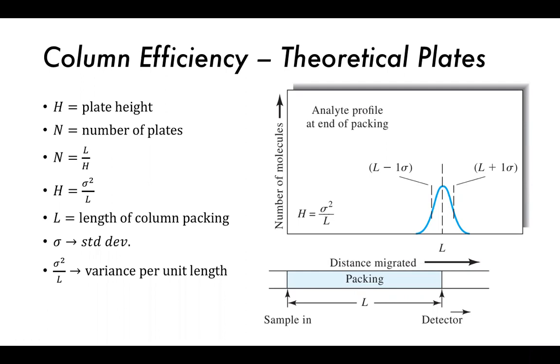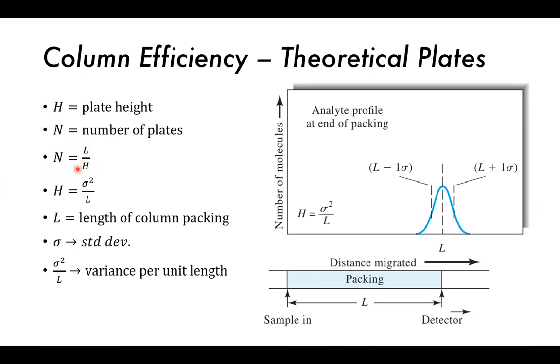So here the column is divided into something called theoretical plates, where we separate the length of the column into a certain number of imaginary plates that describe how the sample moves through the column, where H is the plate height, N is the number of plates, and N is equal to the length of the column divided by H, the plate height.